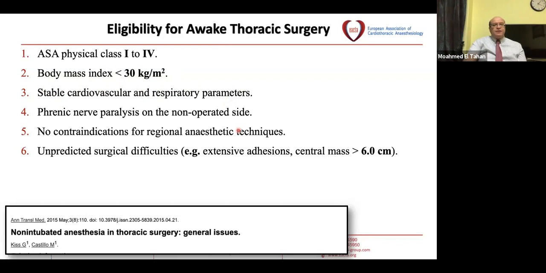Stable cardiovascular and respiratory parameters. No phrenic nerve paralysis on the non-operating side. No contraindication for regional anesthetic techniques, and no unpredicted surgical difficulties like extensive adhesions or central mass greater than 6 centimeters in diameter.